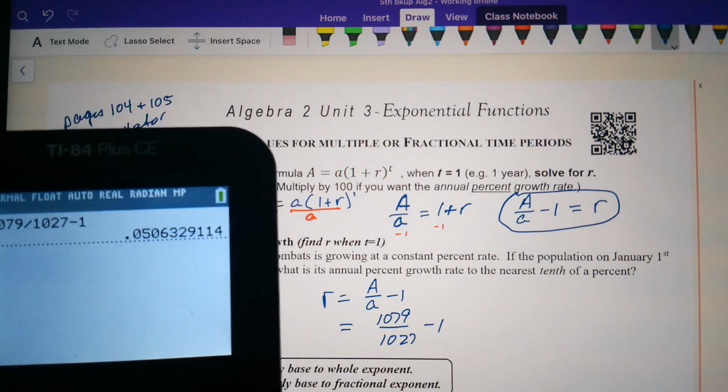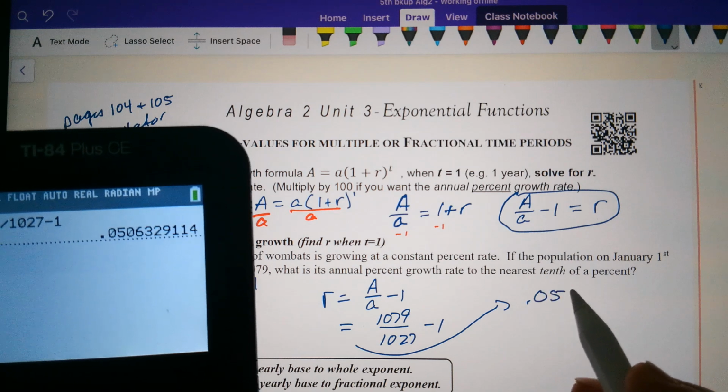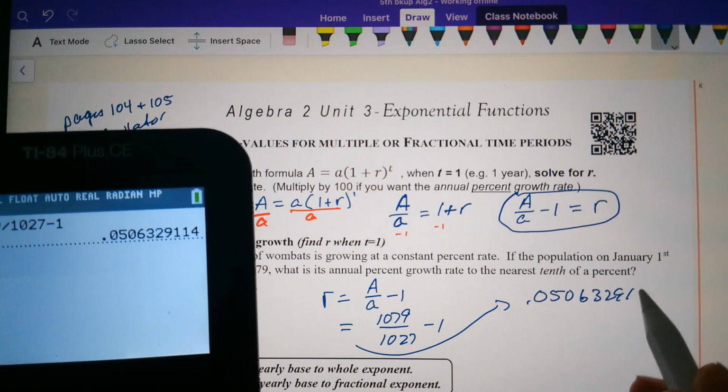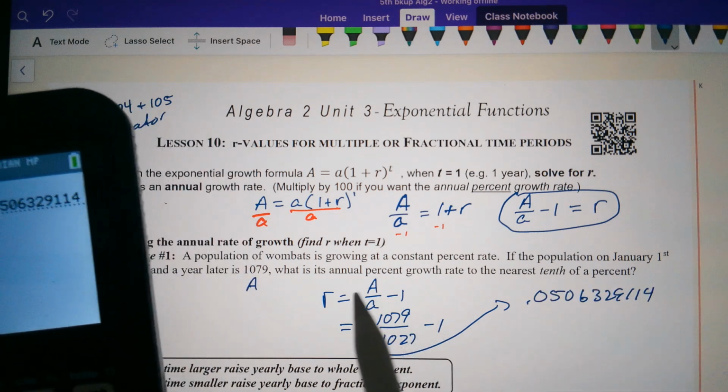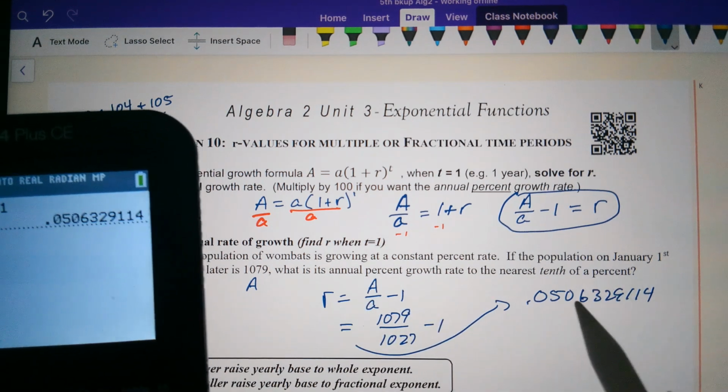And we have 0.05063291114. We want its annual percent growth rate to the nearest tenth of a percent.